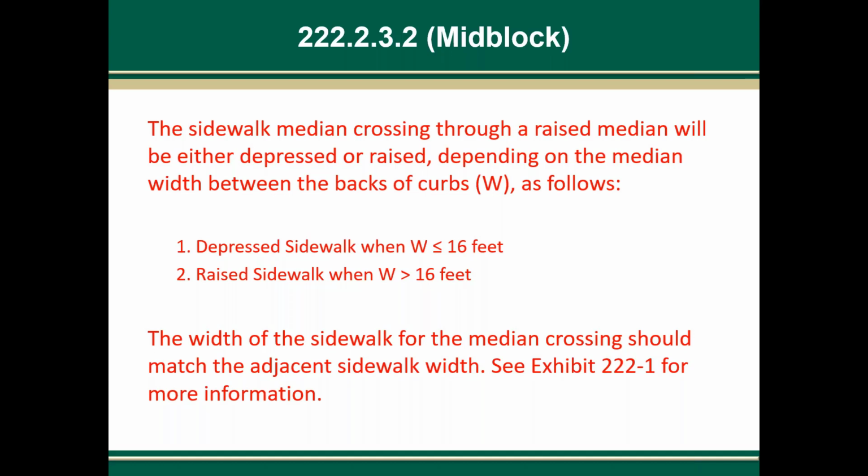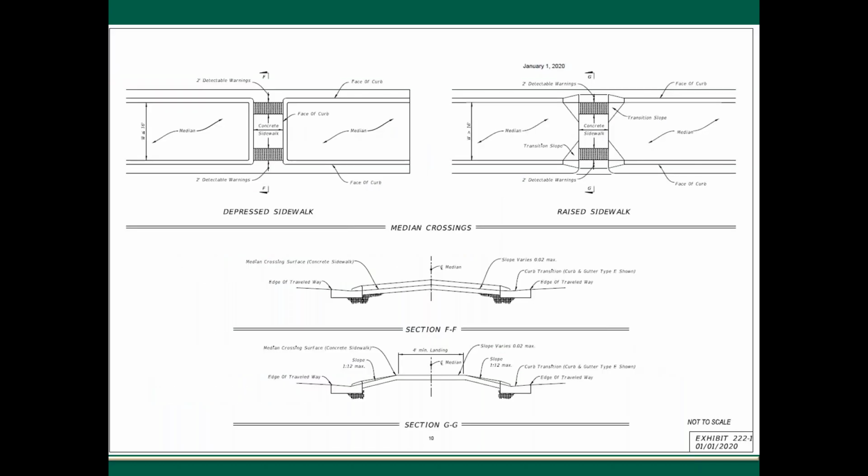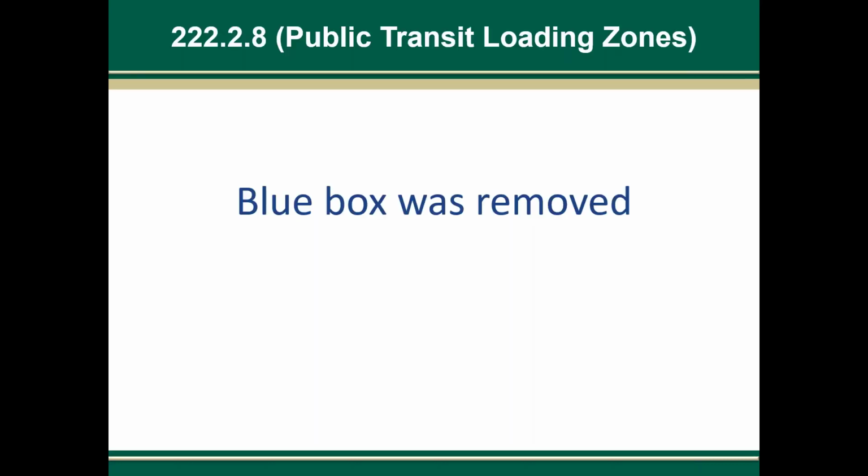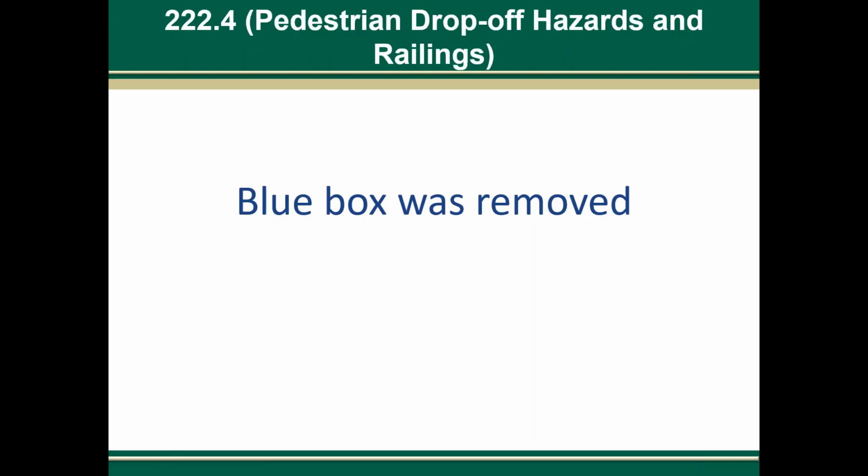See Exhibit 222-1 for more information. So this was actually in the standard plans beforehand, but we went ahead and made it into an exhibit and included it in this chapter. So this is additional information that goes along with the text on the previous slide and just provides some more visuals to explain that.